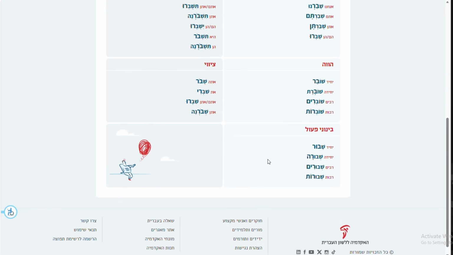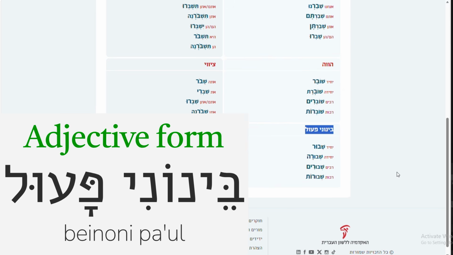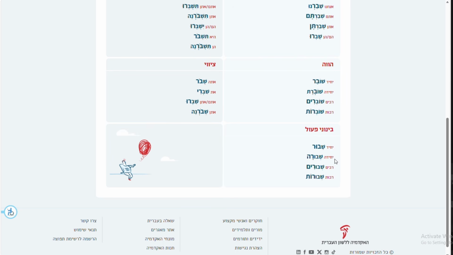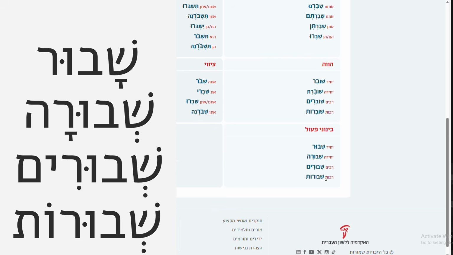With certain forms on this kal table, we'll also see the form benoni paul, which is the adjective form we saw last lesson. It also comes in masculine singular, masculine plural, and feminine plural form. Shavur, shavura, shavurim, and shavurot, broken.